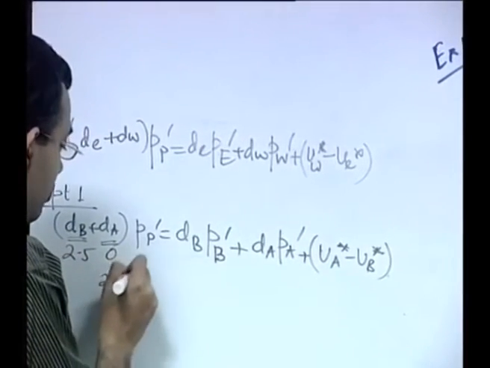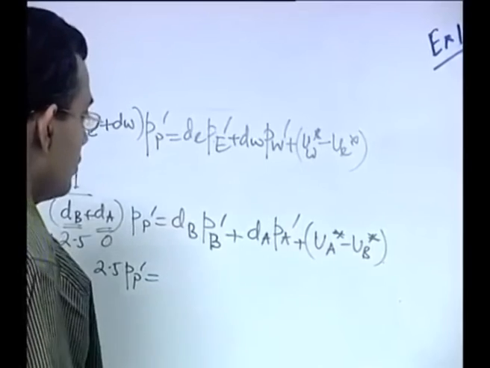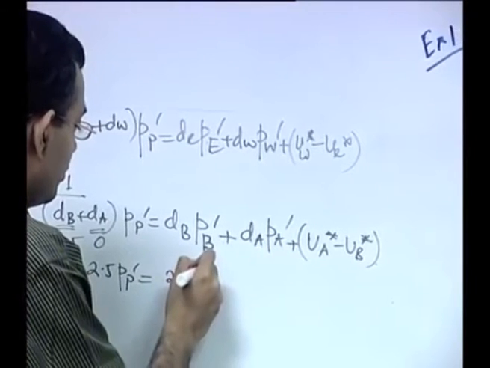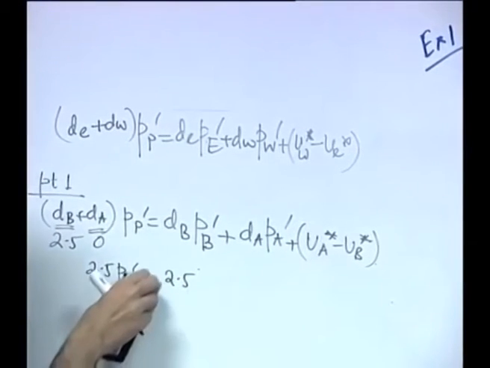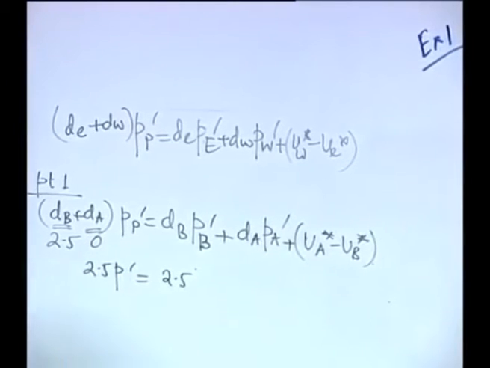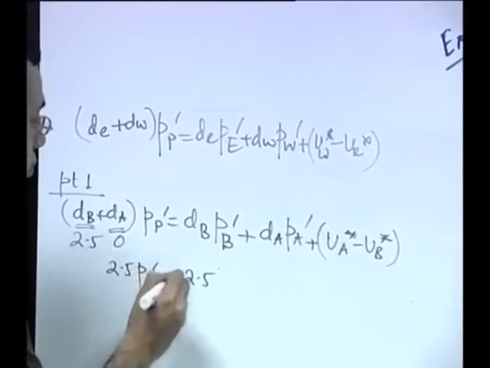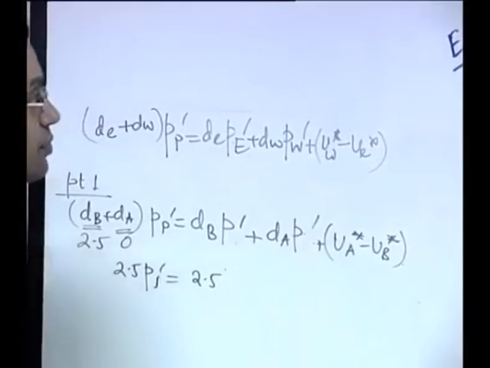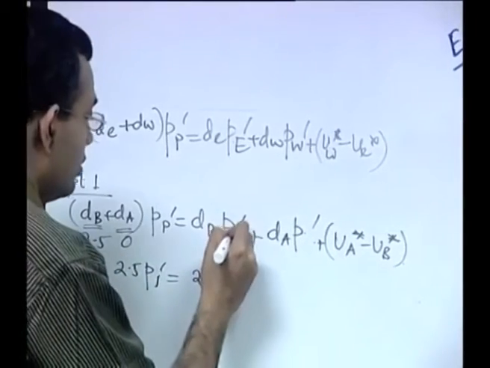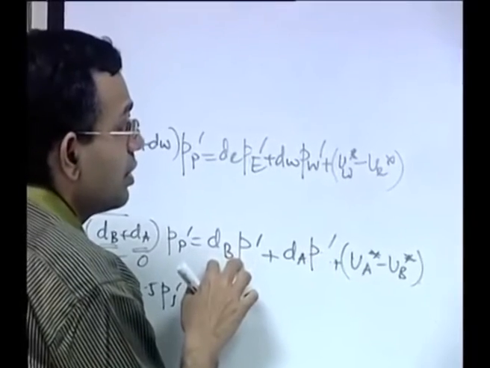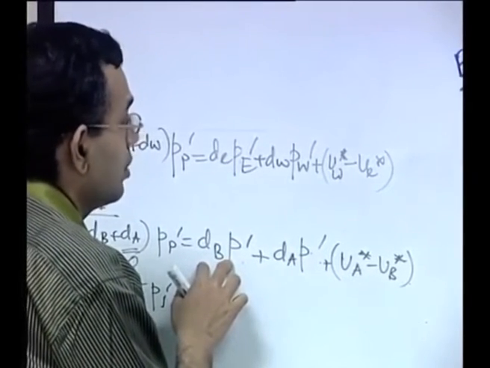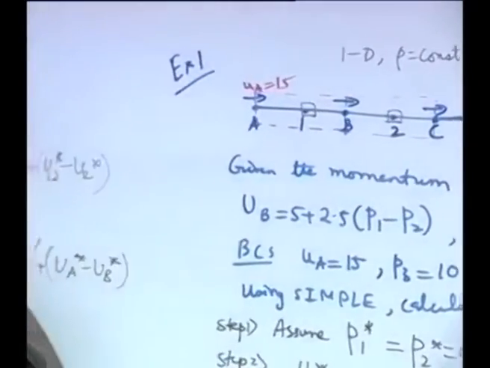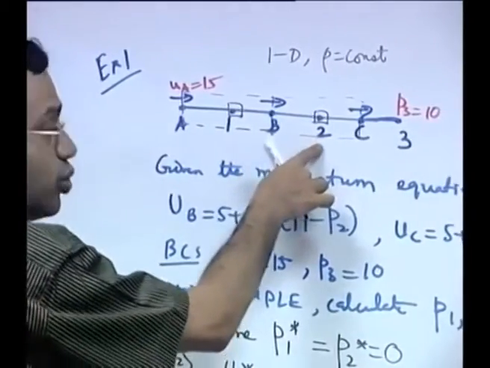So, 2.5 Pp prime is equal to 2.5, or in place of P we will put 1, P1 prime, dB, and instead of Pe prime, it will be P2 prime.